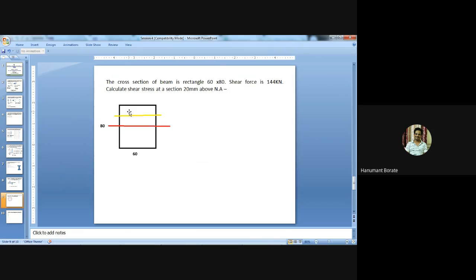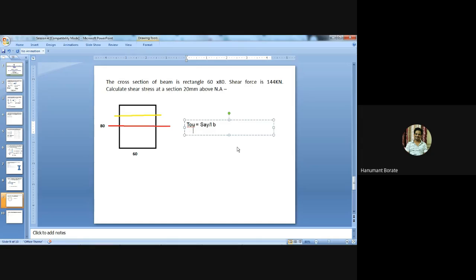Okay, now we need to calculate the shear stress at this section line, means at 20 mm above the neutral axis. So I will write the basic formula for the shear stress, that is tau equal to S A y bar divided by I B. Now S means shear force.